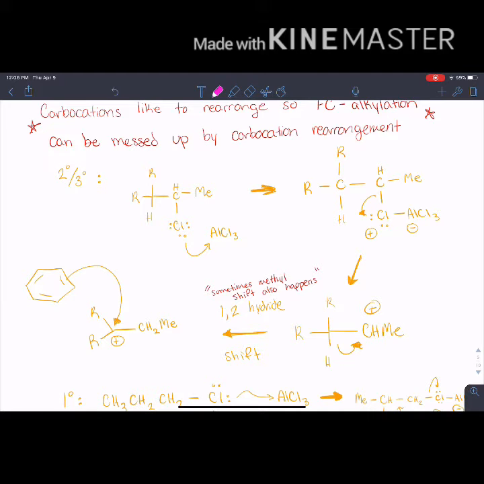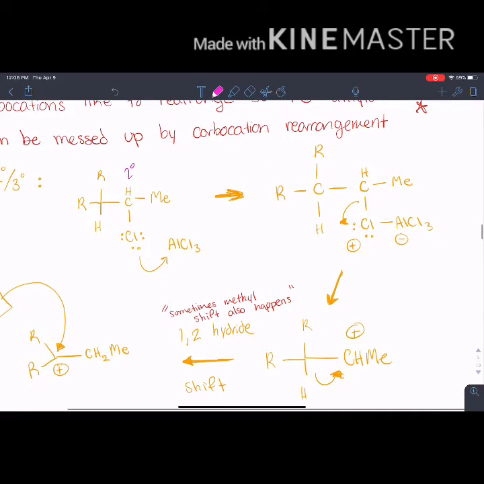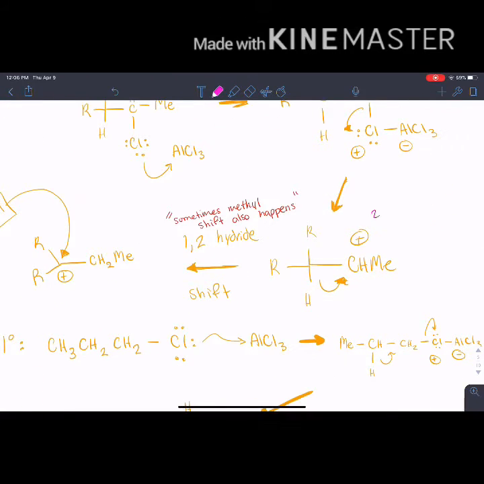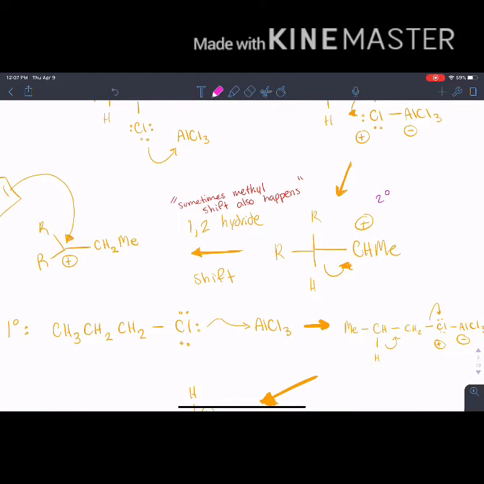So this is initially secondary, right? You get rid of the chlorine, and this results in a secondary carbocation. But then you notice that this could easily become tertiary if you just do a 1,2 hydride shift right here.